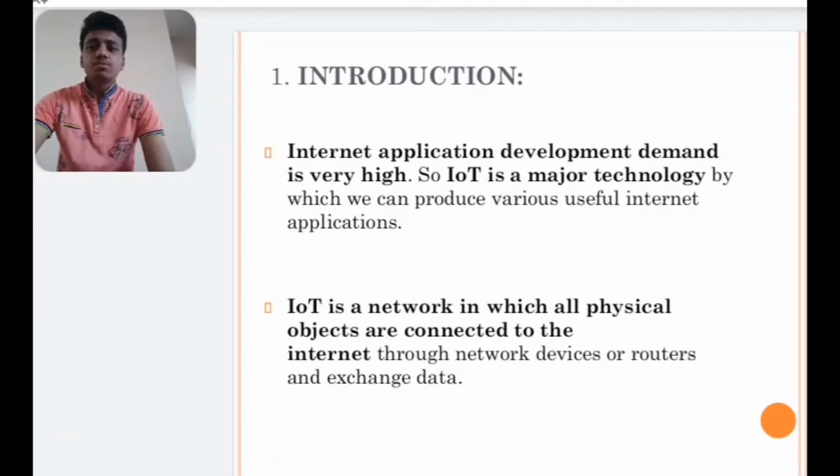These can be produced with the help of IoT, in which the Internet of Things plays a major role. So that is the important point, need of the IoT in this introduction.